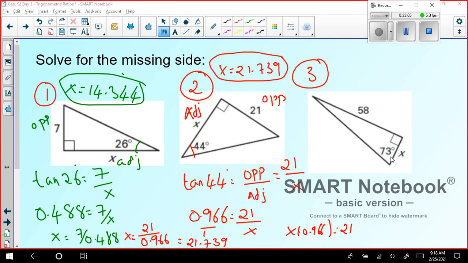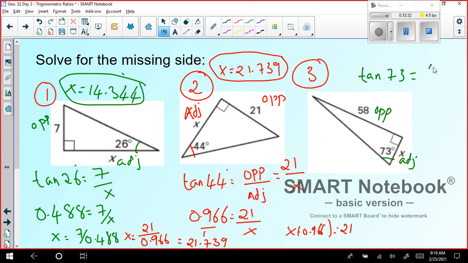For the third one, once again, we have this particular 73 degrees. With regards to that, 58 is going to be the opposite and x is going to be the adjacent. So we have tan 73 equals opposite over adjacent.